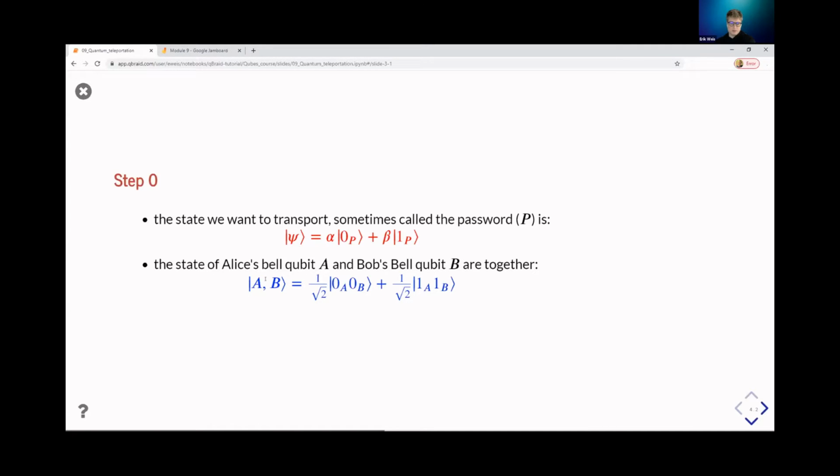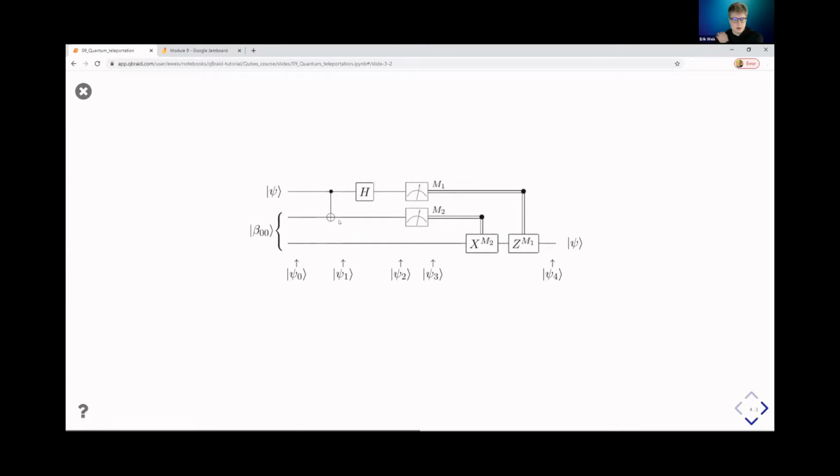So this system has 3 qubits, and remember, Alice has 2 qubits and Bob just has the 1. And you can see that this is the entangled state 0,0 plus 1,1, where Alice's Bell qubit has an equal superposition of 0 and 1, and it's entangled with Bob's qubit. So there we are. That's psi 0. That's where we are.